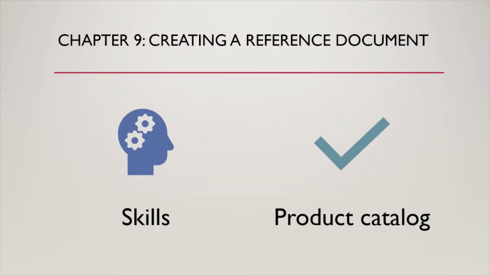In chapter 9, we learned about creating a reference document, which was very useful to us. First of all, some skills we learned in this chapter were to insert a screenshot, to add and modify a caption, insert a cross-reference, to insert and link text boxes.